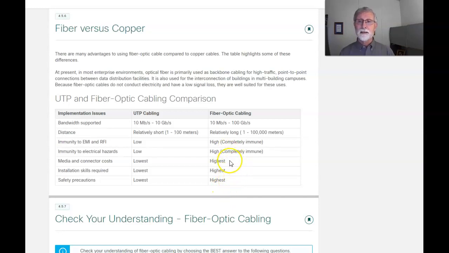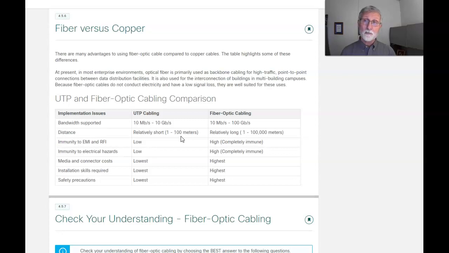So it's kind of like, to get this, you've got a higher cost. That's why most of our offices and homes are probably wired with unshielded twisted pair, because eventually it's going to get me that 10 gigabit speed, and even though I've got a relatively short distance, that 100 meters will work very well in a lot of offices.